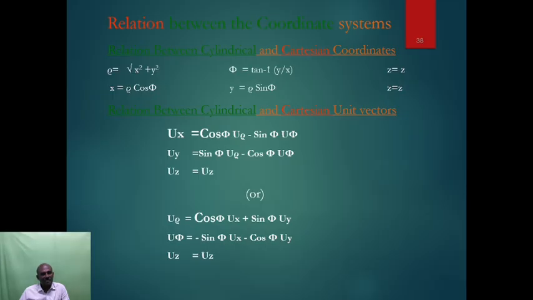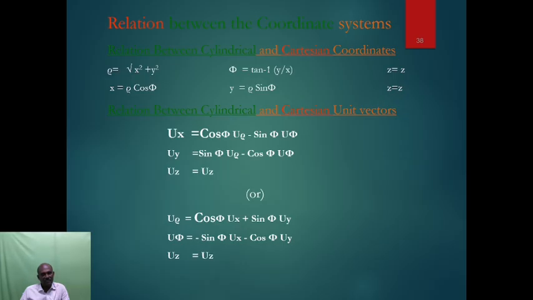Similarly, the relation between cylindrical and Cartesian. Cartesian is nothing but rectangular. ux, uy and uz are the unit vectors in x, y, z, that is, in rectangular, and u rho, u phi and uz are the unit vectors in cylindrical.